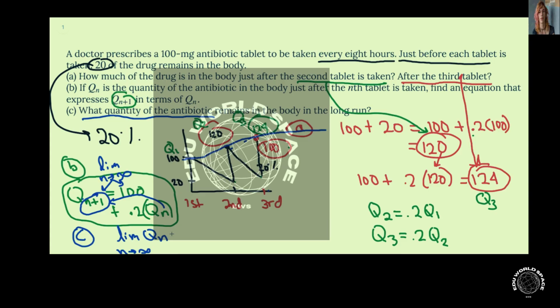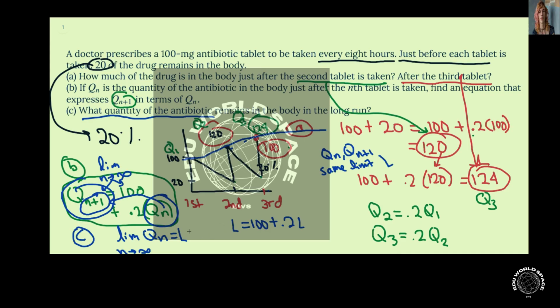So if we denote this limit by L, then in part B, if we plug in the limit on each side, we have L equals 100 plus 0.2L, because again, these two quantities, Qn and Qn plus 1, have the same limit, which we're denoting by L.